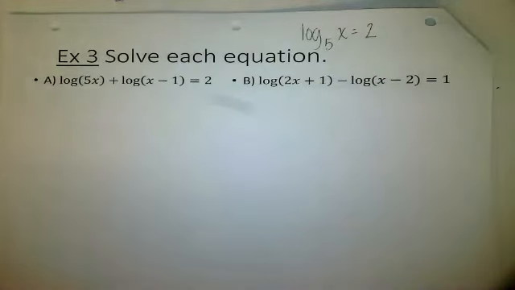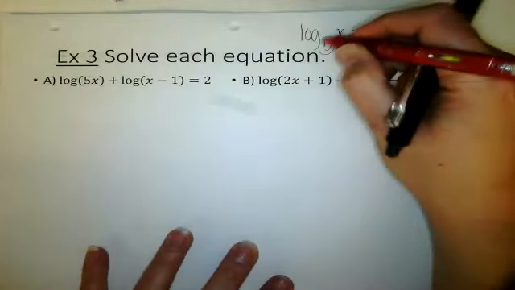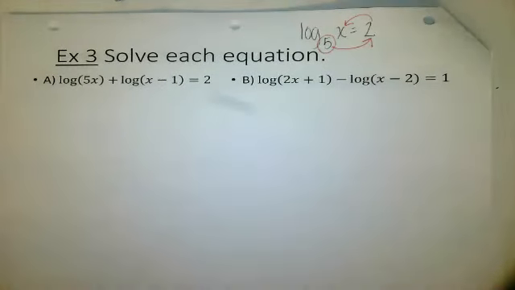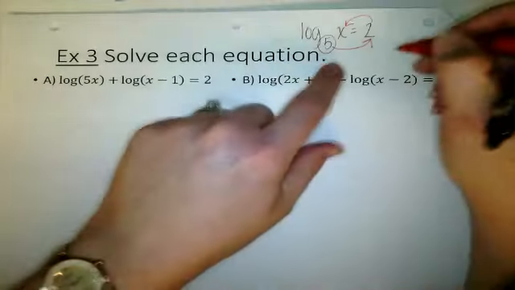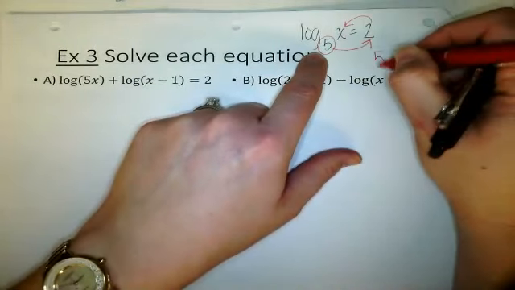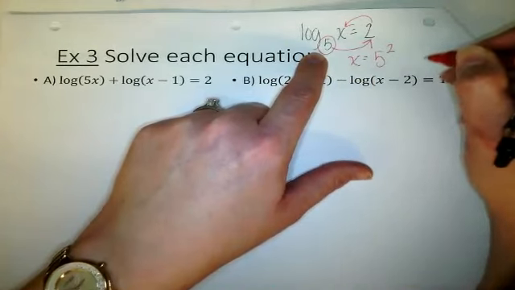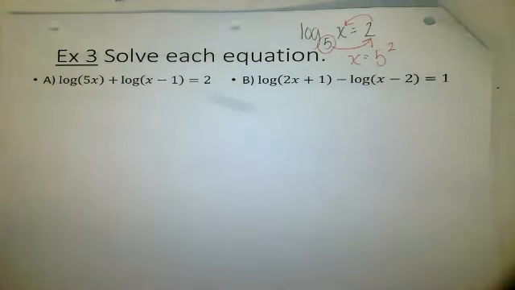Give it a swirly. That's exactly right. You give it a swirly, okay? And so it turns out that the base of 5 squared is equal to x, which means x is 25.